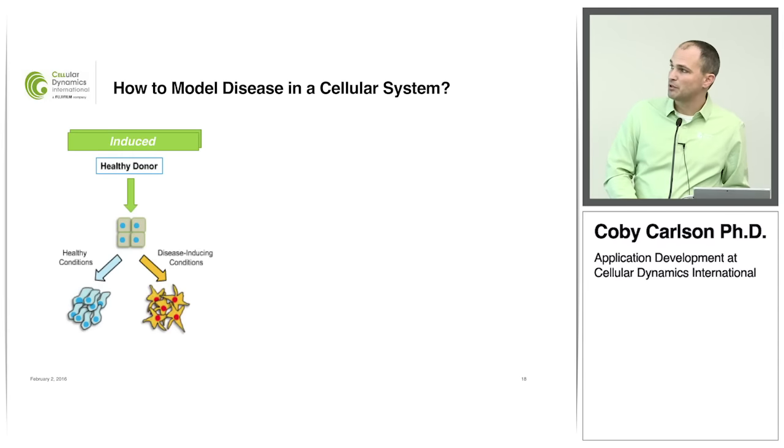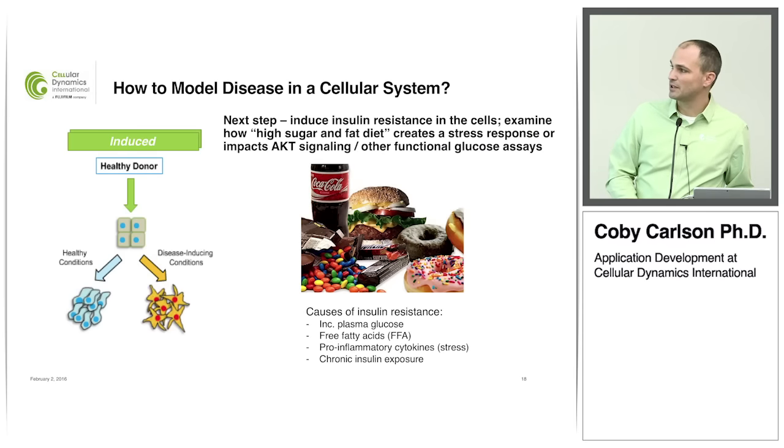But this would be an example of doing an induced system, healthy donor, and putting the cells under diabetic conditions. I pulled off this silly image, but the idea is that you can't just feed the cells cheeseburgers and donuts, right? But if you want to examine how a high sugar and a high fat diet would impact how the cells signal and how they modulate glucose, that would be what you were trying to do, to induce the disease model of insulin resistance here.